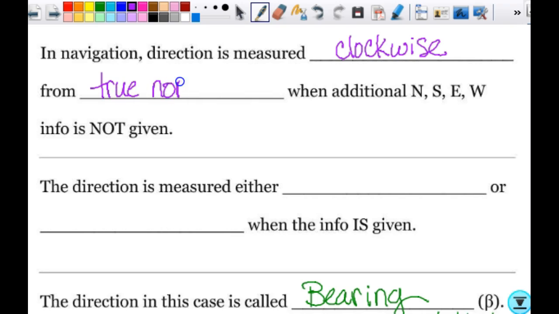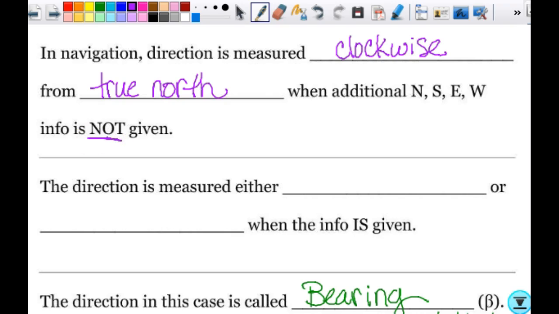There's a difference between true north and magnetic north. I don't know what it is and I can't explain it to you, but there's a difference. Does anybody know the difference? It's something to do with the actual measurements and a compass and the magnets. Ask Alexa. Yeah, maybe we can ask Alexa. But it doesn't really matter because it's whatever you would draw as north. But it's clockwise from true north when additional north, south, east, and west info is not given.